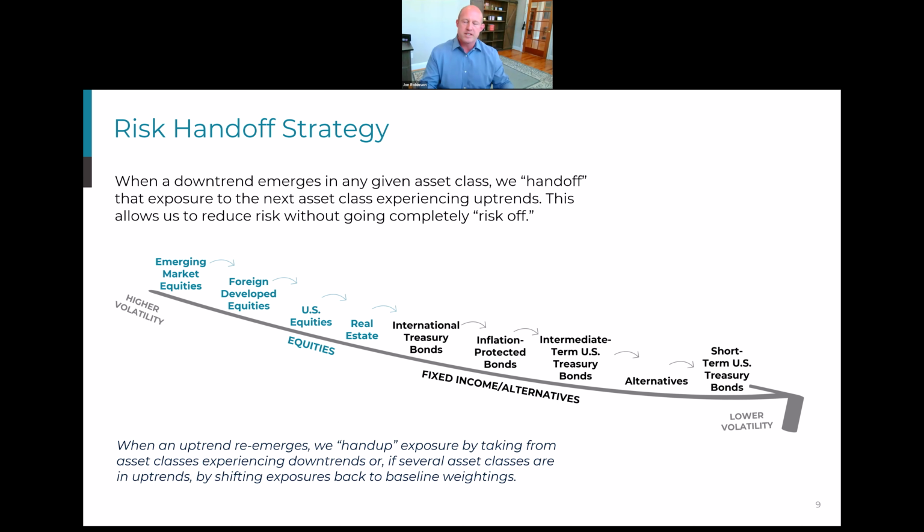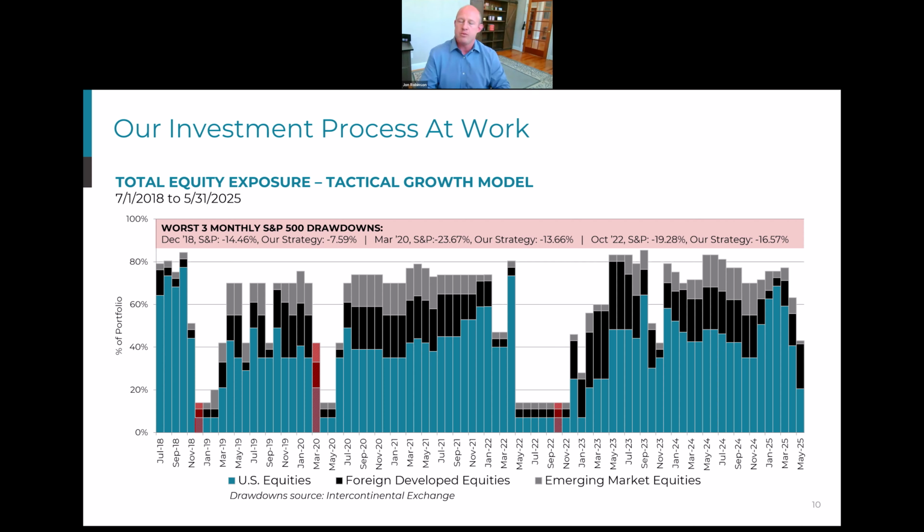So let's review how the systematic process is done. Back to 2018, which is when this graph starts, we've been through several different market environments. We've been through the decline, and you see the three largest drawdowns here on the screen. We've been through December of 2018, we've been through the Corona crash, and we've been through the bear market, if you will, of 2022. And the context around each of those declines is different.